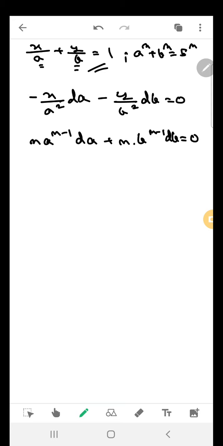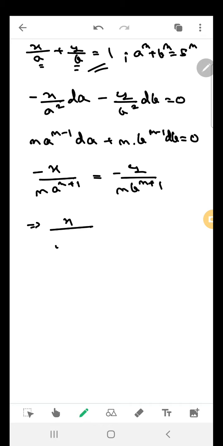From here what do you get? You get x over n times a to the power n plus 1 equals minus y over n times b to the power n plus 1. The n gets cancelled, so here you get x over a to the power n plus 1 equals y over b to the power n plus 1.